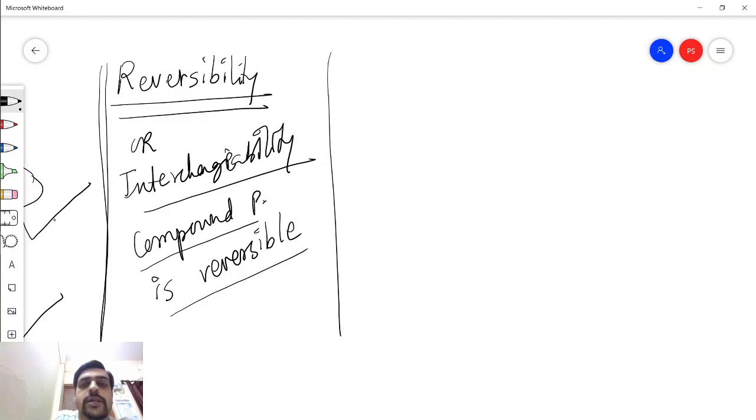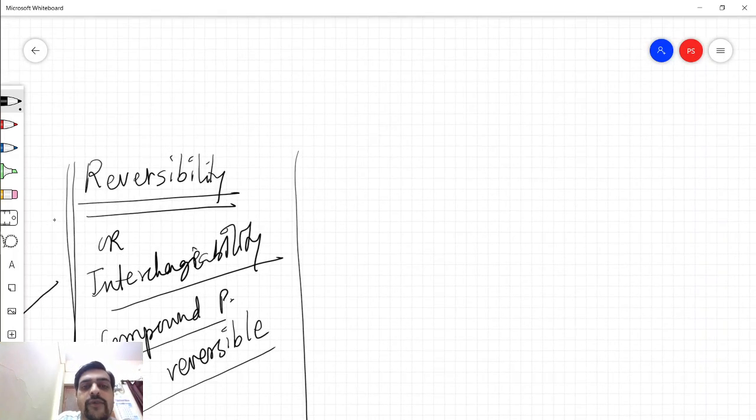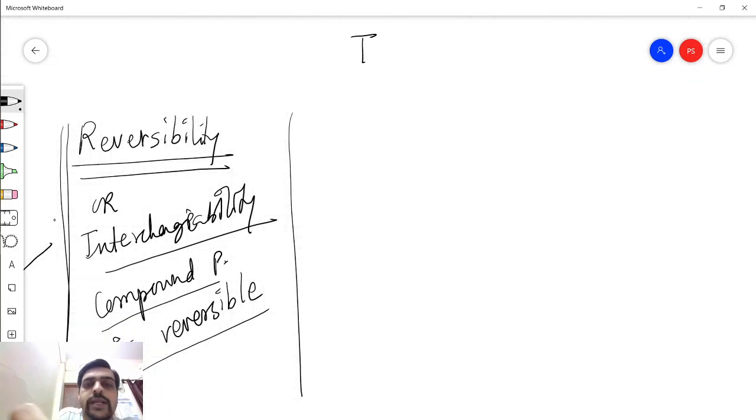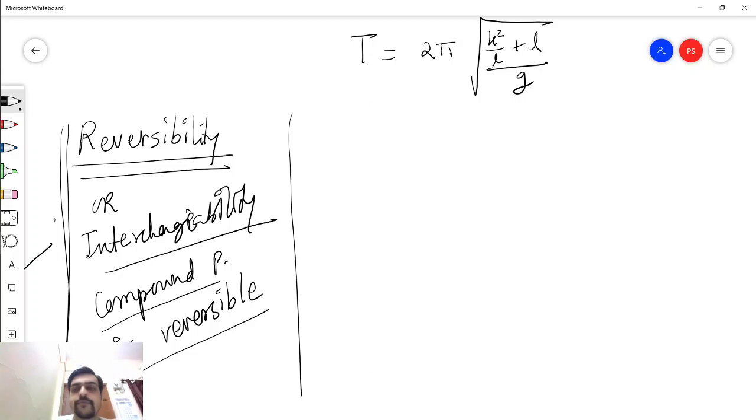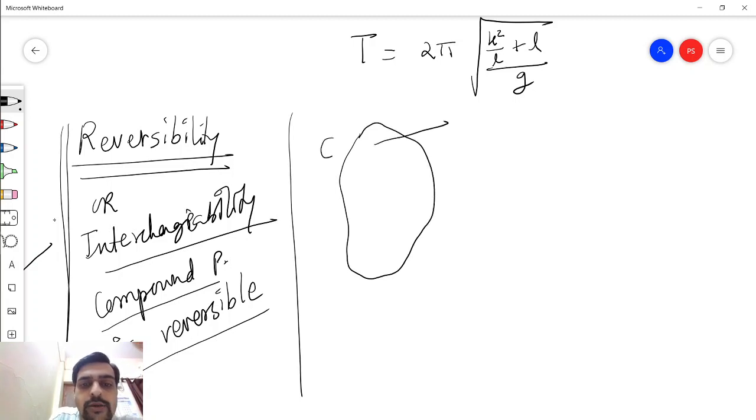So just for the discussion purpose, again I will write the formula here because we will need it again and again. K squared by L plus L by g. Consider the same pendulum. Let us call this point O, this point G. This will be the distance L. Now we have to consider another point along the line joining O and G, but on the other side of O, and call this point O dash.